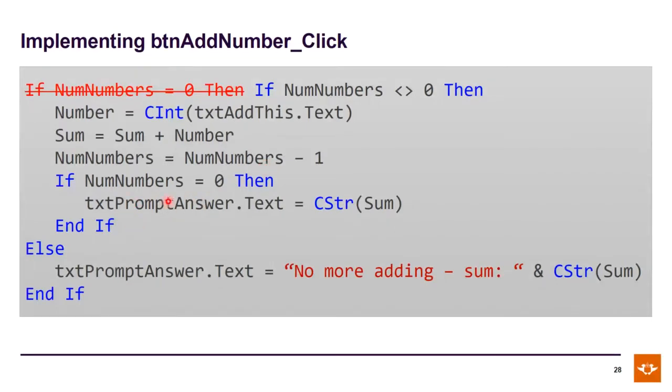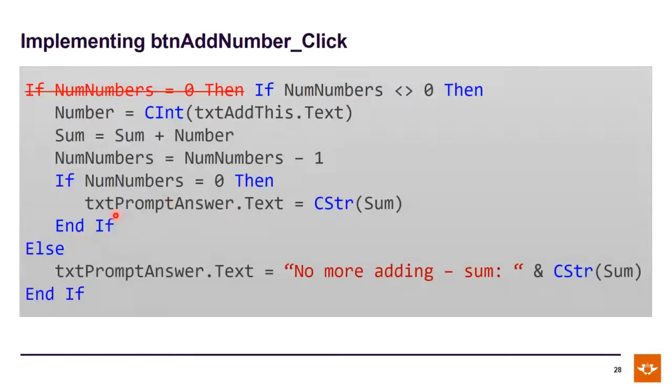And then the other thing I also do is I have a second if statement here where I check if num numbers is 0 now. If num numbers is 0 now, it means that we just added this last number and this happens to be the last one. We don't have any more numbers to add, so I want to display the total in my text box.